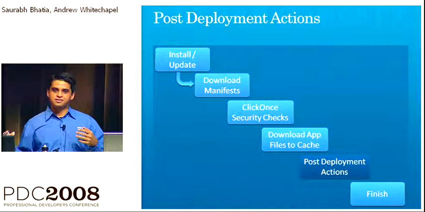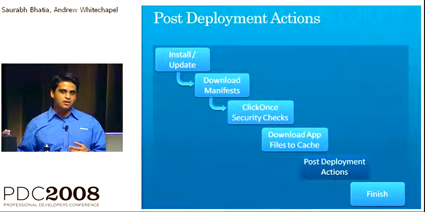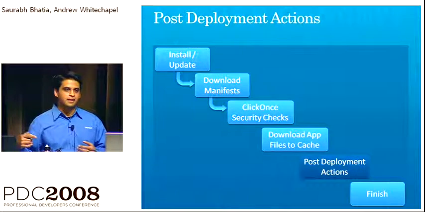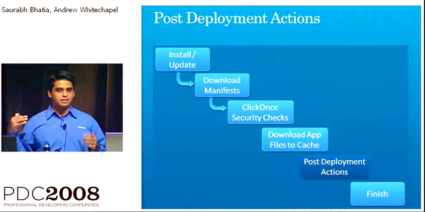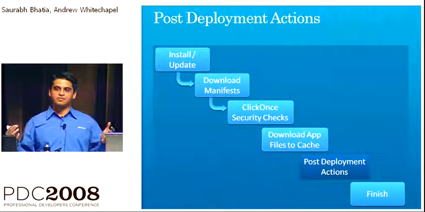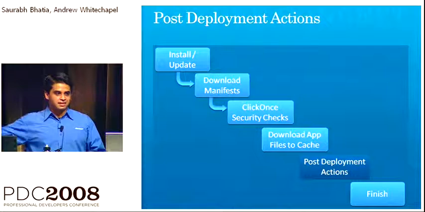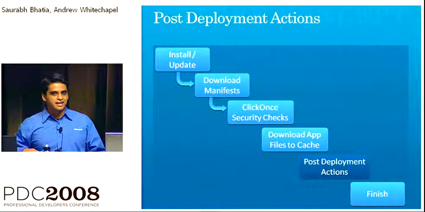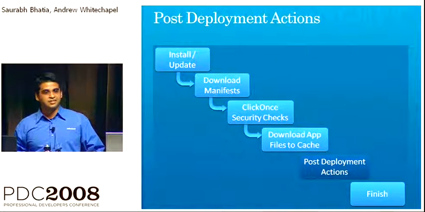Once it gets this and it's downloaded to the end user's machine, it's going to perform some security checks on it. And this includes the file hashes and the publisher certificates that were used to sign these manifests. Once all of these security checks are cleared, then it's going to go ahead and start downloading the application files into the ClickOnce cache.